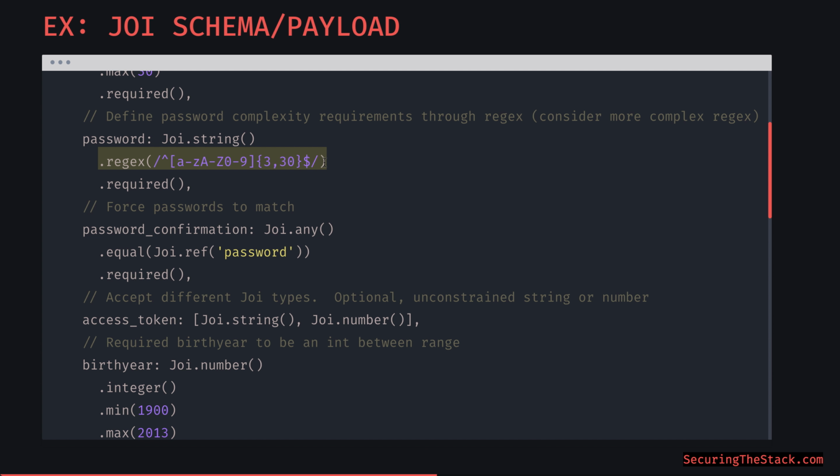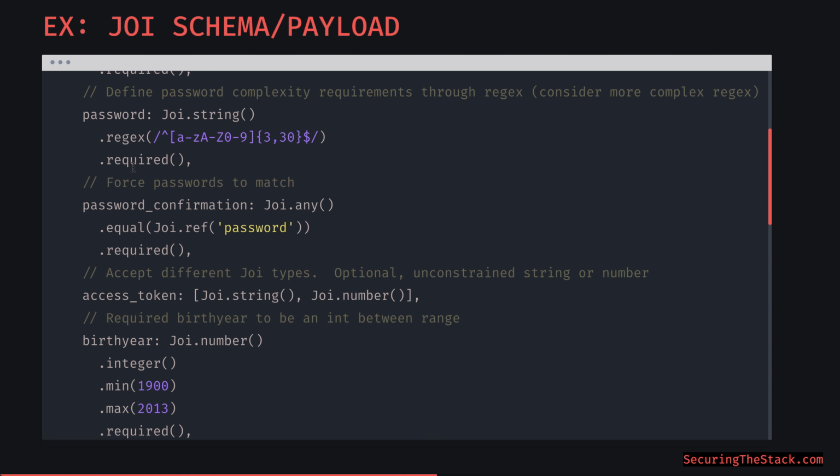I'm keeping it simple here so that you can easily play around with the schema locally. So we are defining password complexity requirements through a regular expression, and we are requiring it.